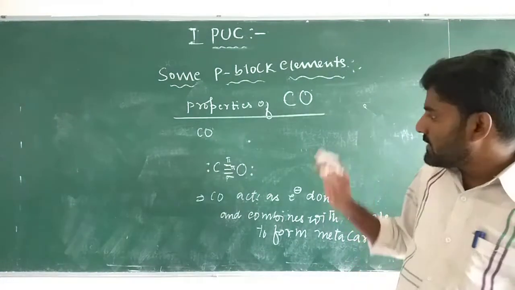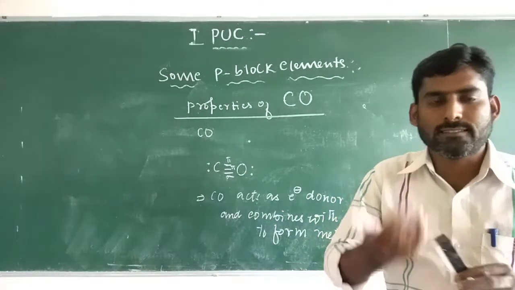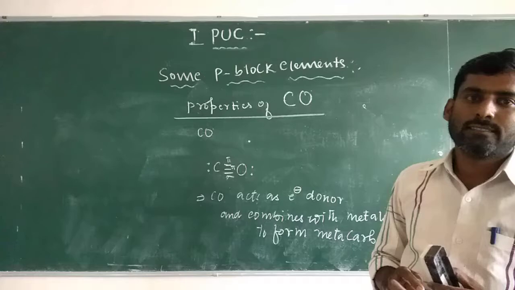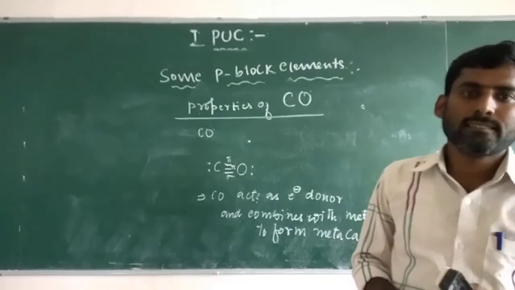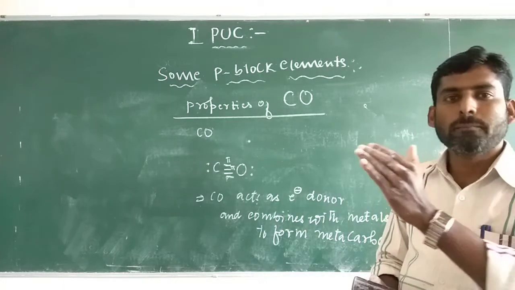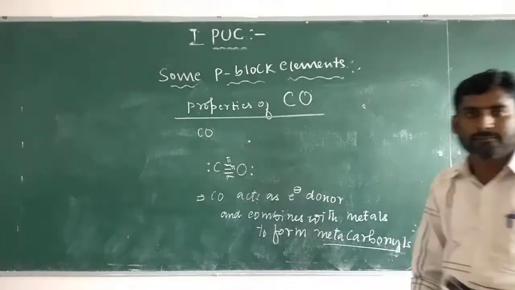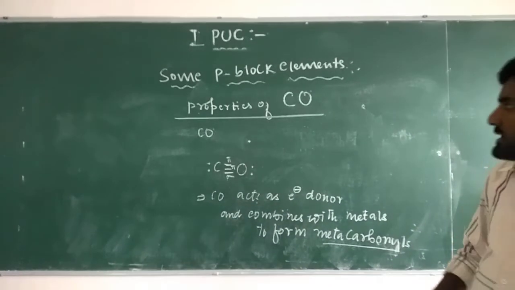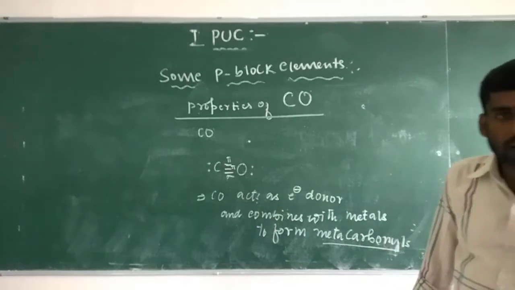Hence both are ready to donate electrons to other substances. When carbon monoxide reacts with metals, it donates lone pair electrons to the metals to form metal carbonyls. So carbon monoxide acts as an electron donor.